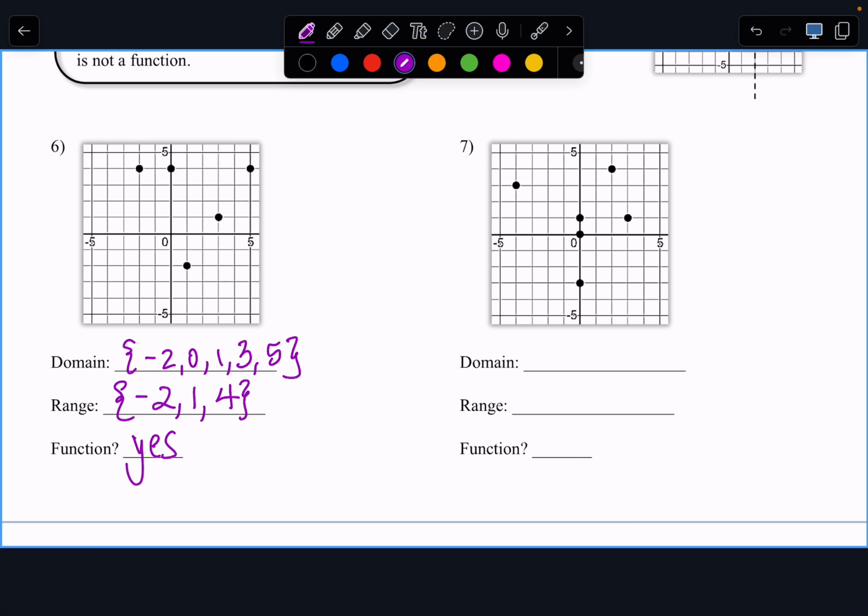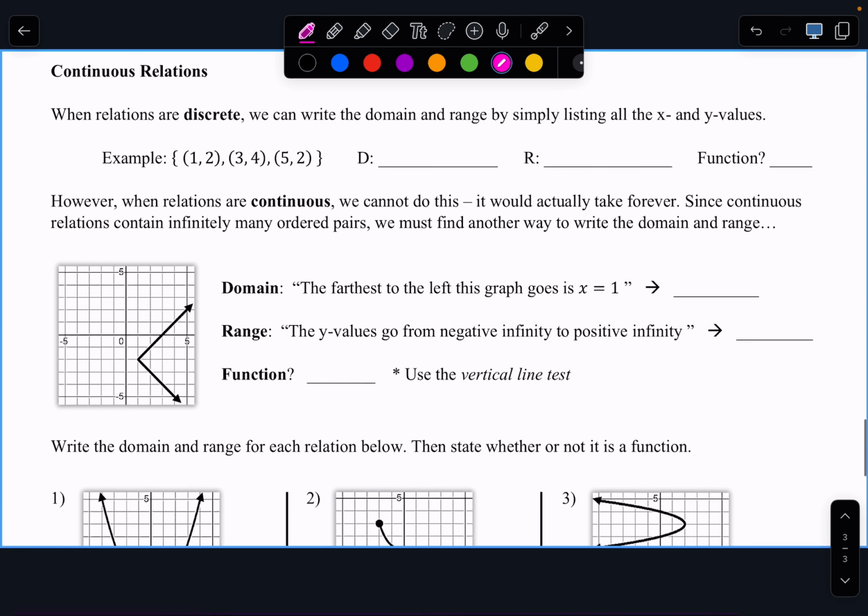Yeah, it passes the vertical line test. Okay. Ryan, give me the domain for 7. -4, 0, 2, and 3. Excellent. Tierney, the range for number 7. -3, 0, 1, 3, and 4. Good. Everybody, is this a function? No, it fails the vertical line test.